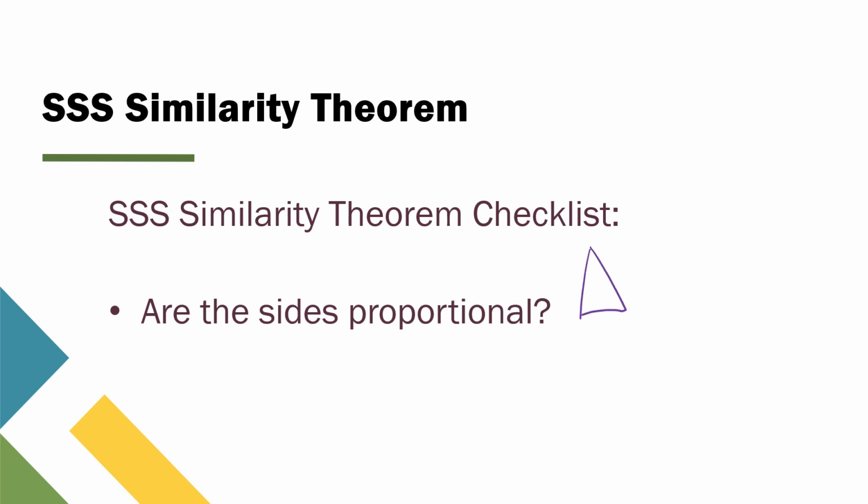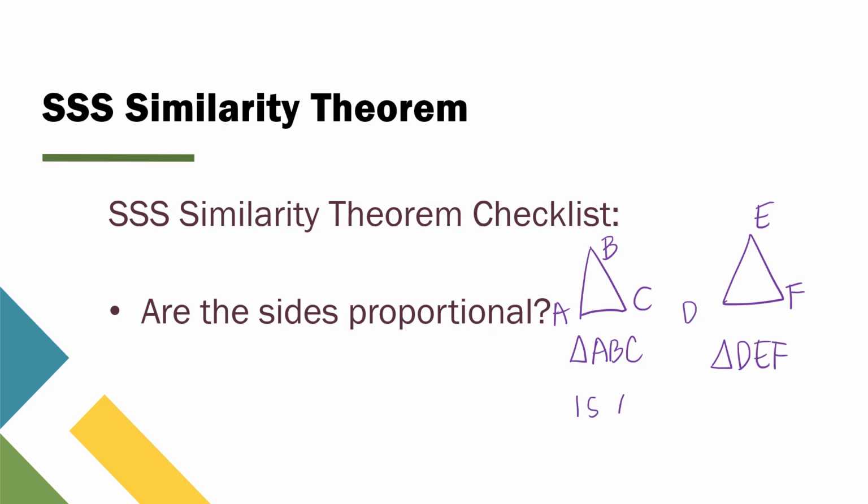So let's say this is triangle ABC, and then let's just say triangle DEF. So specifically what you're checking is side AB congruent to side DE, or excuse me, not congruent, but proportional. Let's write that differently.